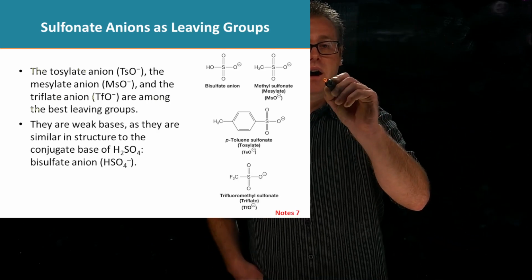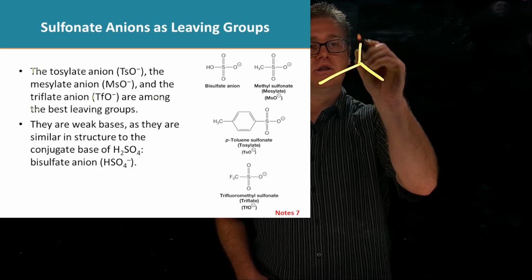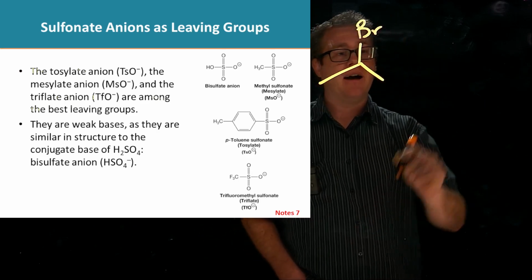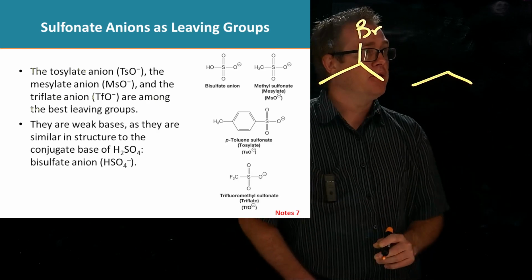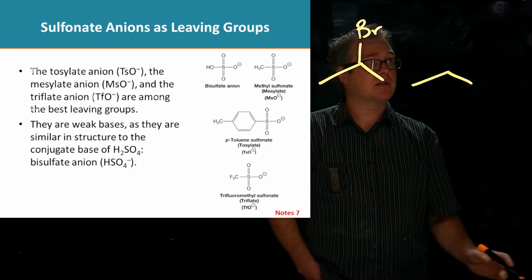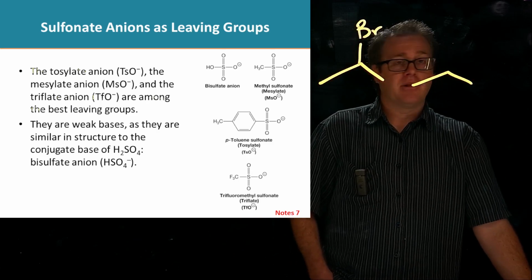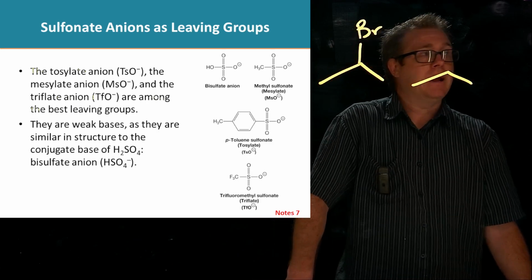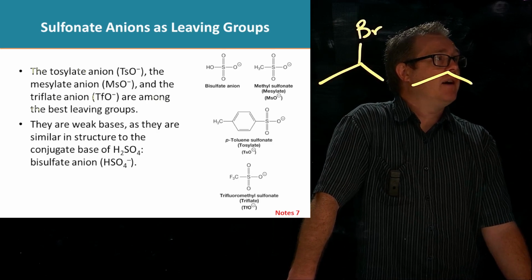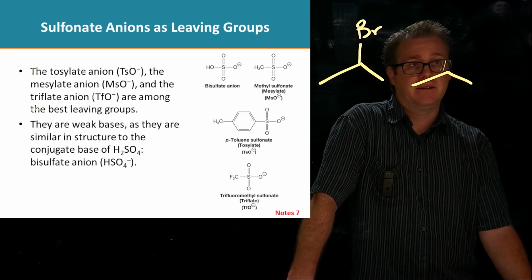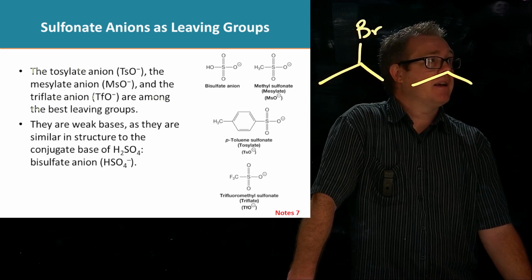So you've been taught that halogens are good leaving groups. That is true. But you also have other types of leaving groups shown on the slide called sulfonate anions, and those are good leaving groups. And we have a variety of them. We have a mesylate, a tosylate, and a triflate. And you can see how they look.